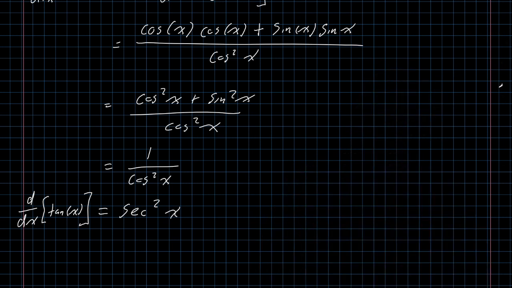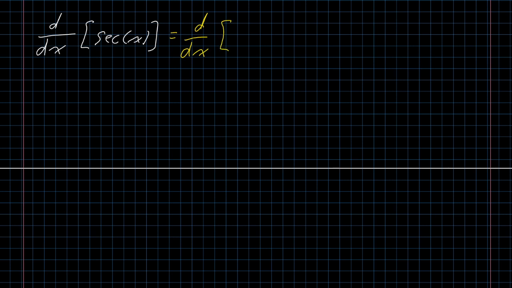So let's clear out a little bit more space, and take the derivative of secant, which we will likewise rewrite using sines and cosines. In this case, it's just 1 over the cosine of x, which I'm going to think of as cosine of x to the negative first power, so that I can use the chain rule.